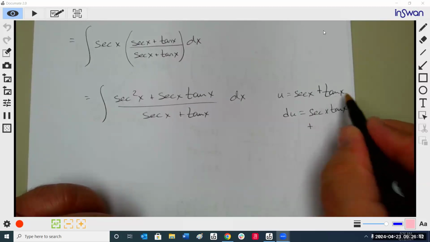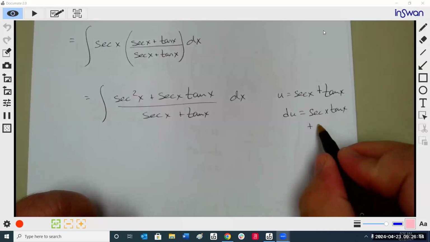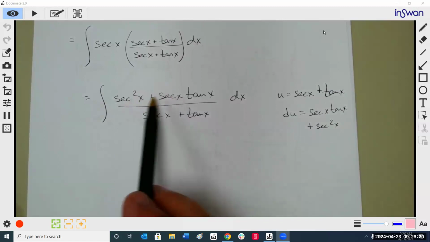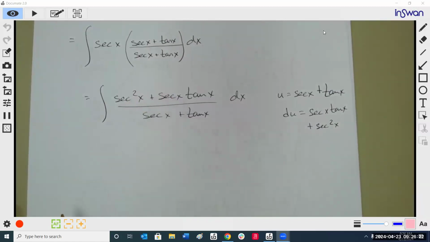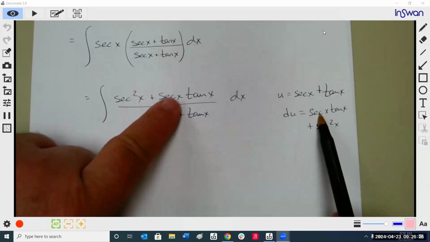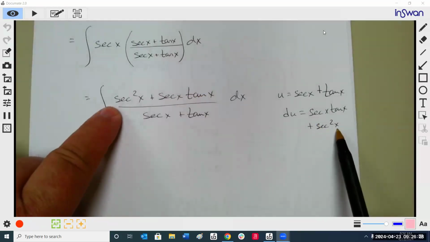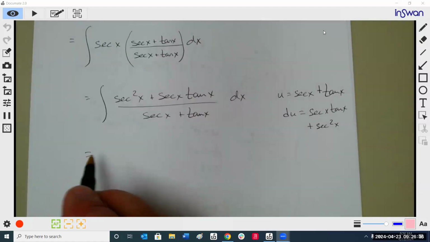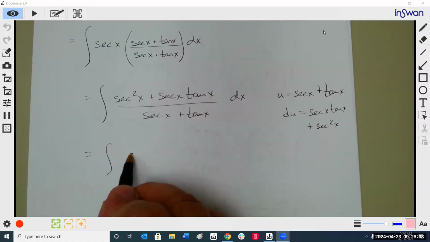Plus, what's the derivative of tangent? Look familiar? The derivative of secant plus tangent is secant tangent plus secant squared. So what we have here is du over u.